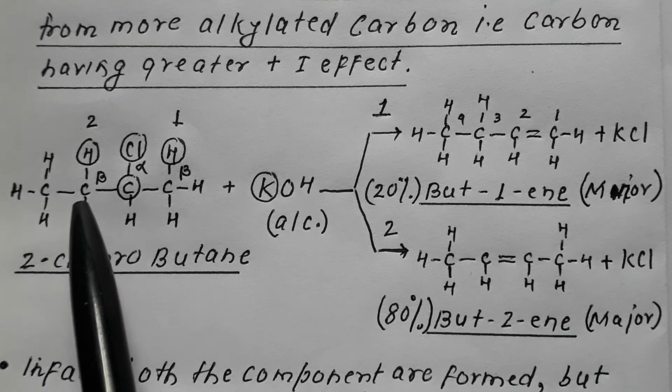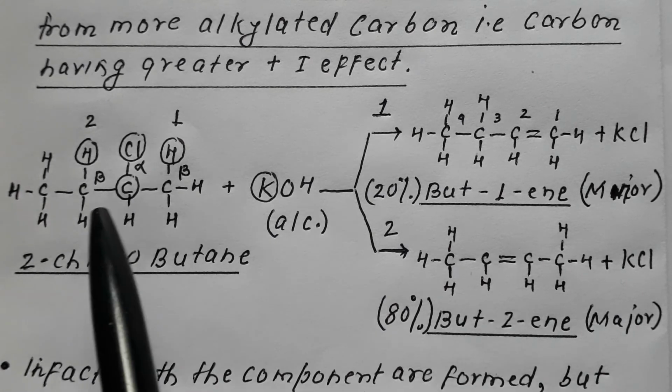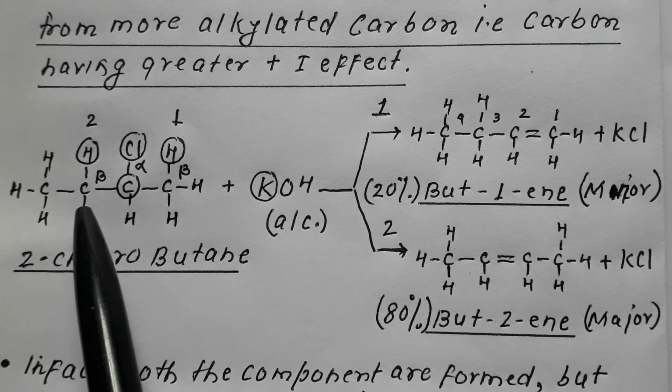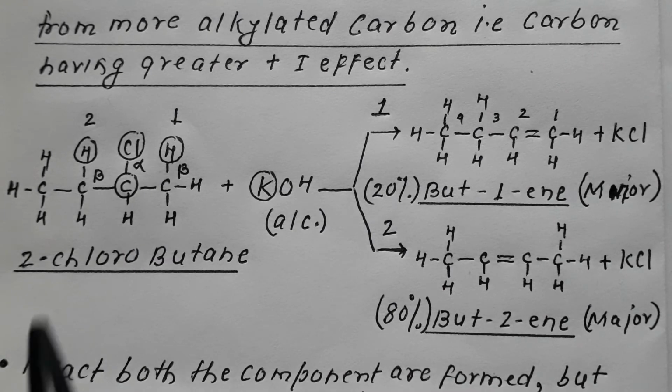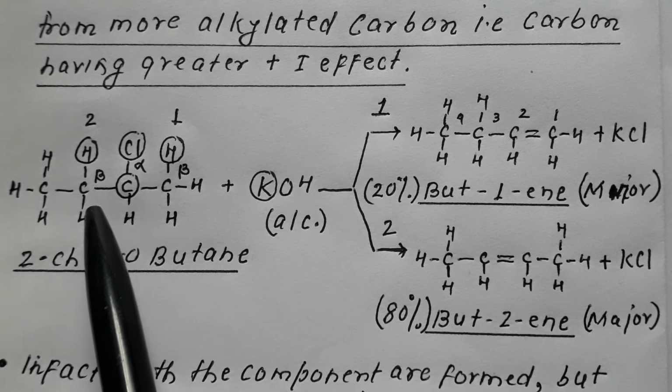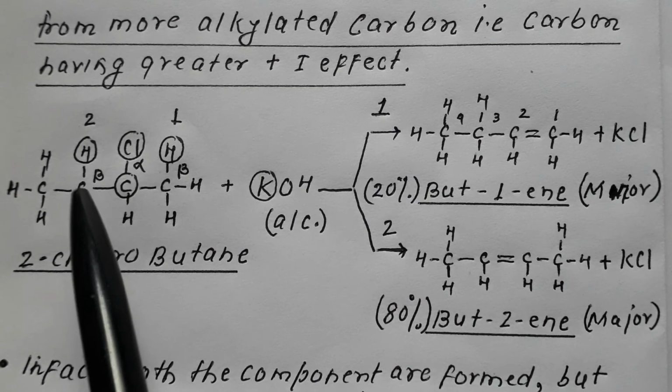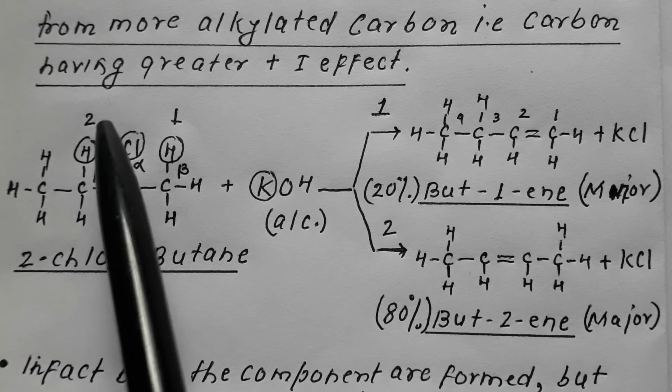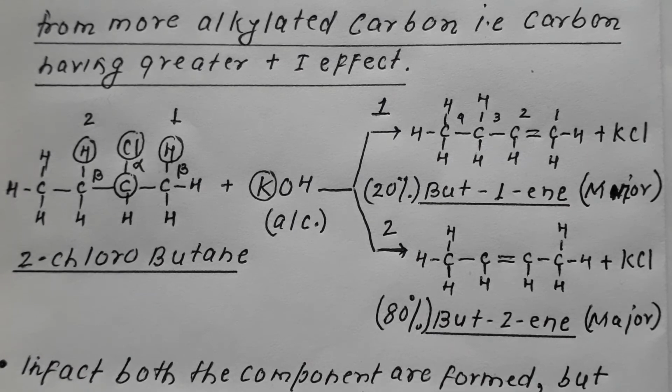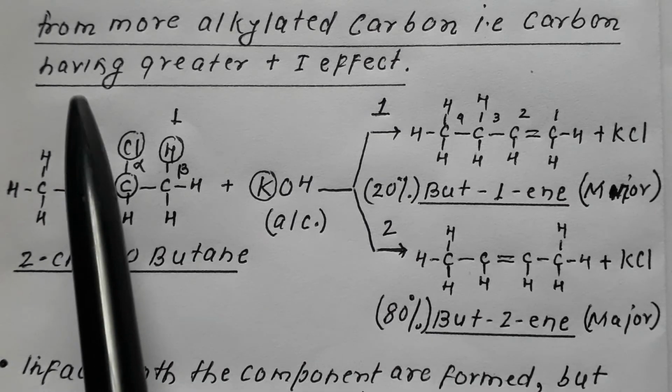So out of these two beta carbons, the latter is more alkylated. Therefore, hydrogen number 2 has the chance to get eliminated. Instead of 1, 2 gets eliminated.